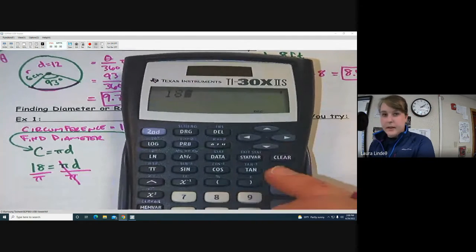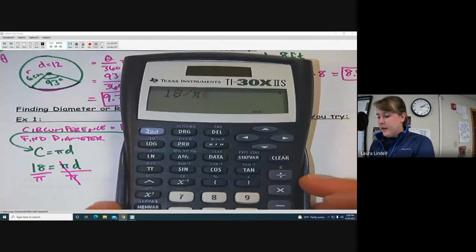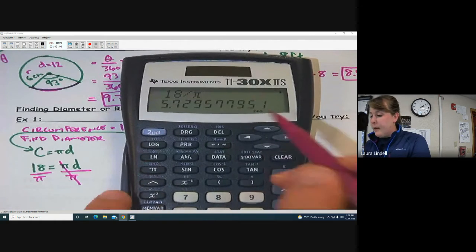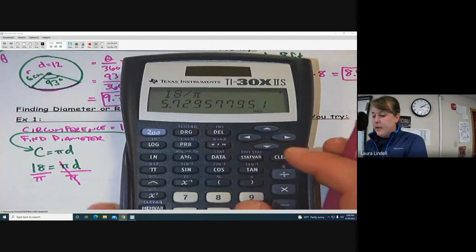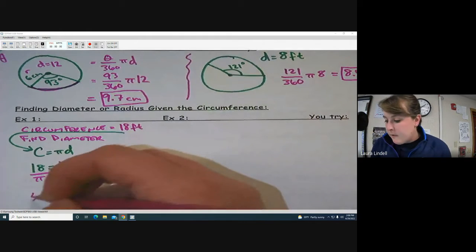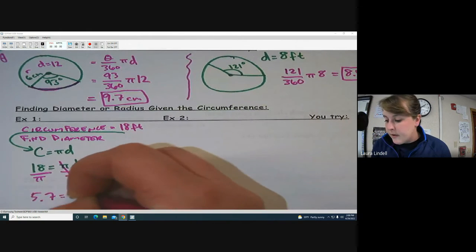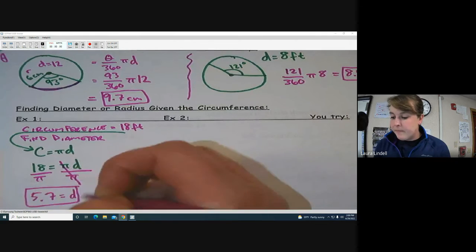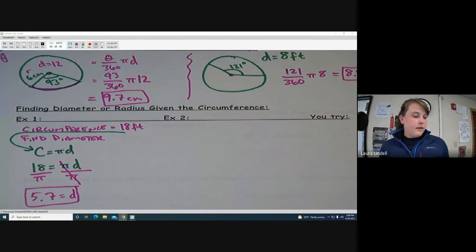So 18 divided by pi button, enter. And we get about 5.7. So 5.7 is my diameter. All right. So that's not too bad, right?